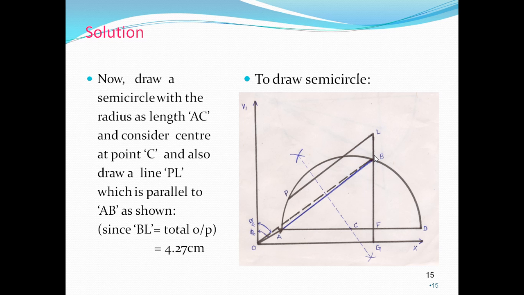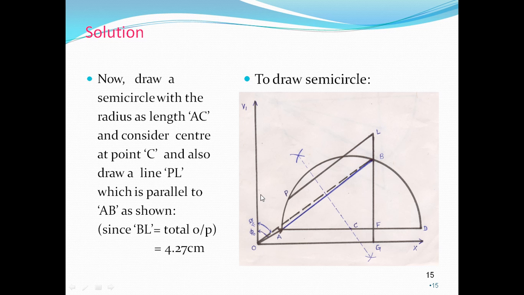This will cut the horizontal line AD drawn from A at C. With C as center and AC as radius, draw a semicircle ABD.